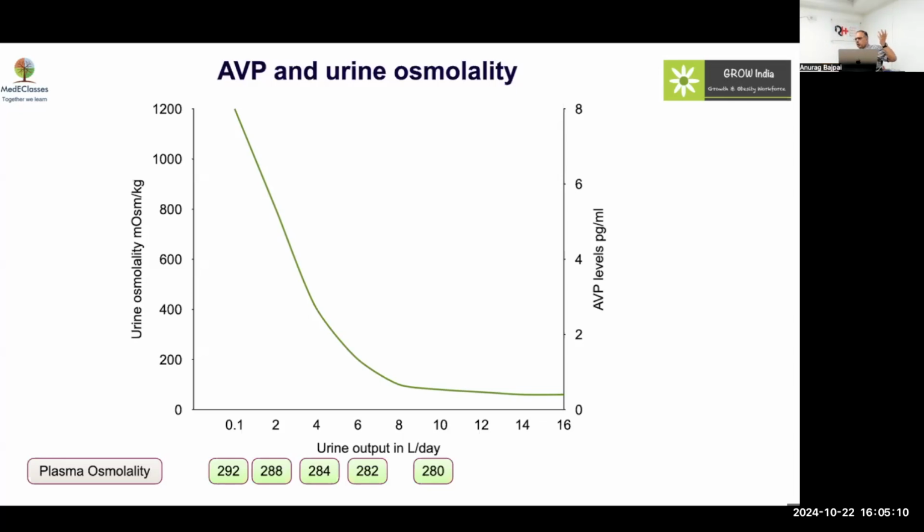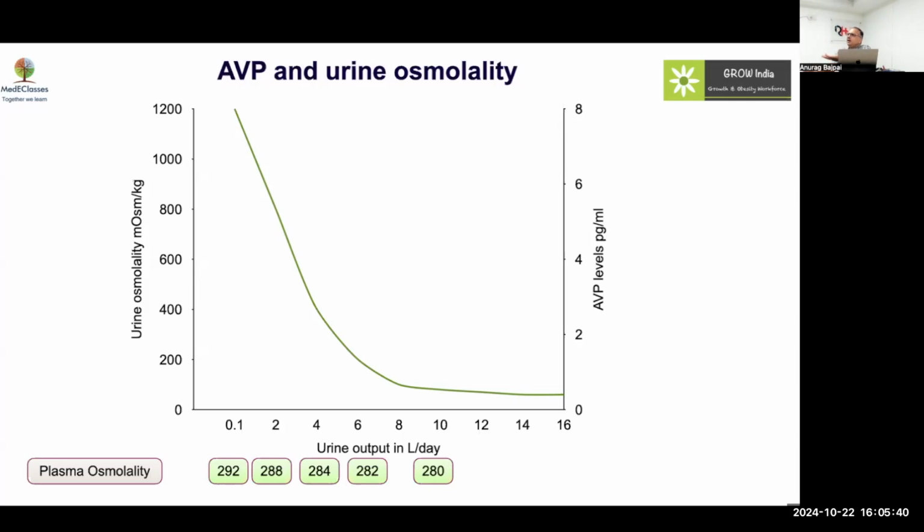There's no harm. What will happen if you give AVP to somebody who has a nephrogenic DI? Nothing. Their AVP is anyway high. What will happen if you give thiazide to somebody who has central DI? Will they respond? We give thiazide and amiloride for nephrogenic DI. Suppose you make a false diagnosis of nephrogenic DI in a case of central DI and you give them thiazide and amiloride, will they respond?